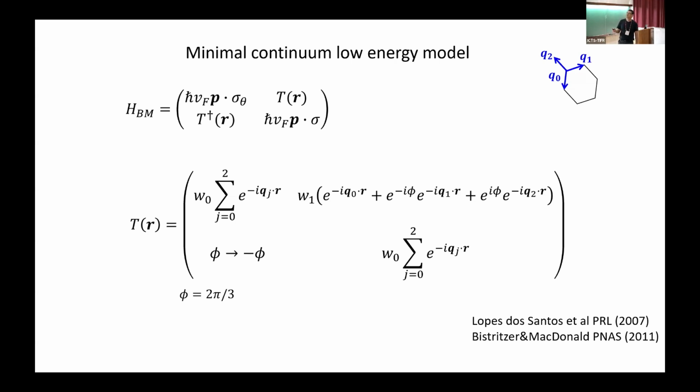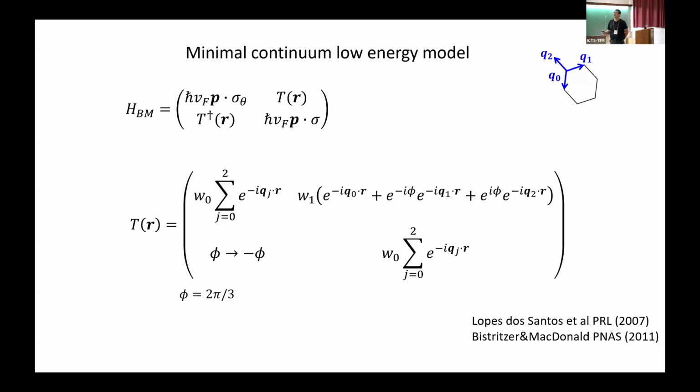In each valley, so for each Dirac cone, you would write a 4x4 differential operator Hamiltonian. The first 2x2 block here and the second 2x2 block here are just massless Dirac particles. Sigma here is a Pauli matrix, and there are two of them, let's say sigma x and sigma y. P is the momentum operator, and VF was the slope that I showed you before.